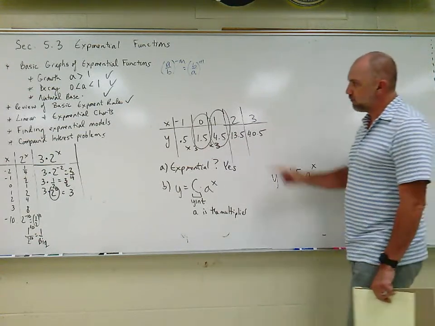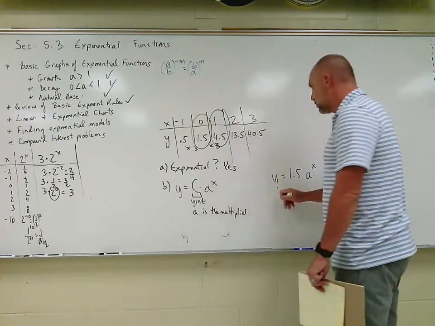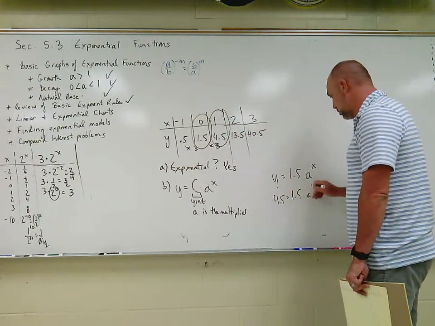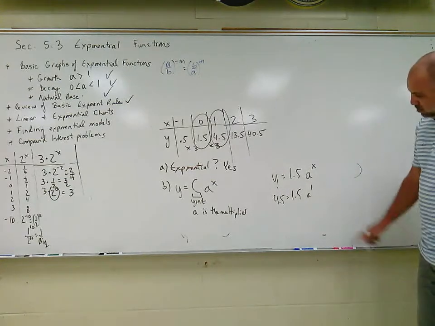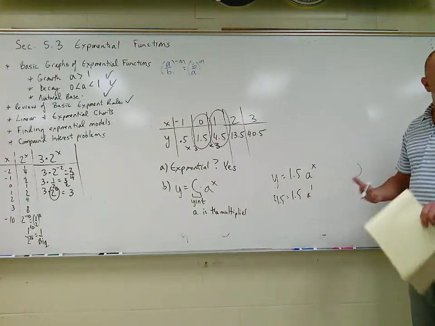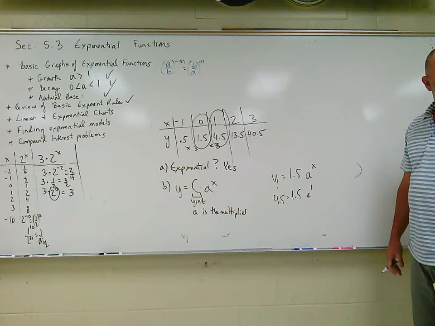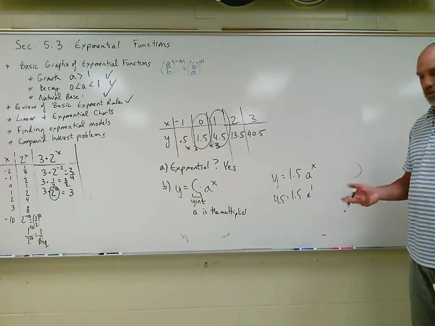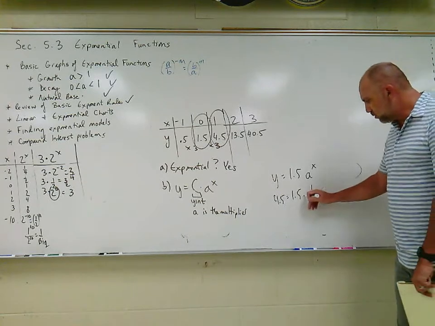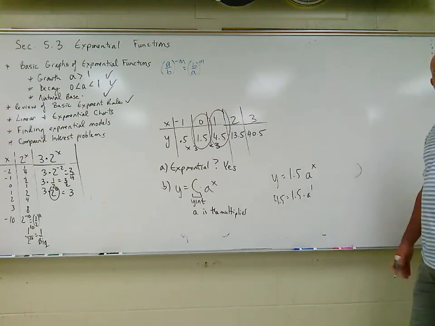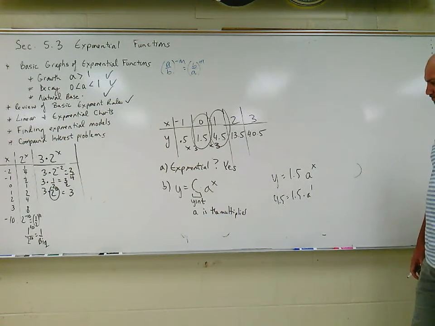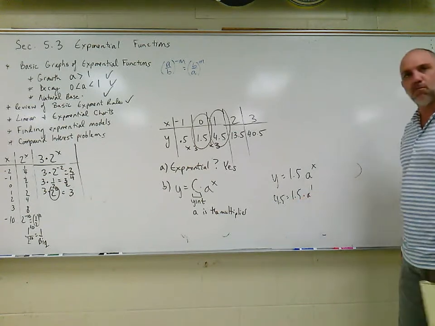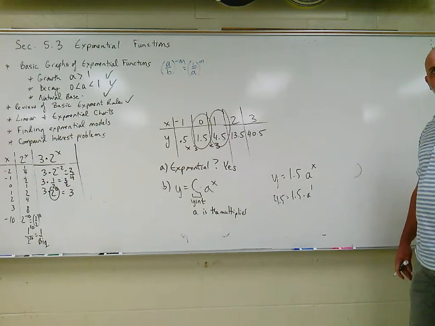So we take a different point and we sub it in. y is 4.5 when x is 1. Notice I have an a now, and I can solve for a. We already know what a should be, but I just want to prove to you what it is. First of all, what's a to the first? A. Well, how would I solve for a? If I'm multiplying by 1.5, how would I get a by itself?